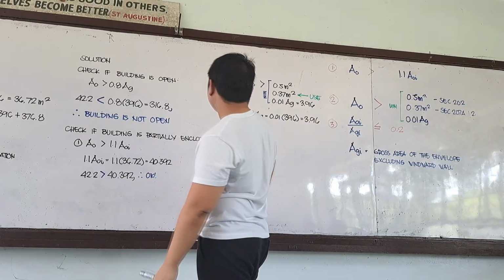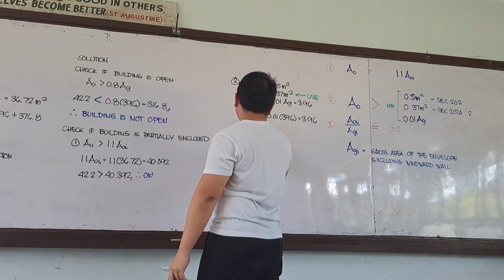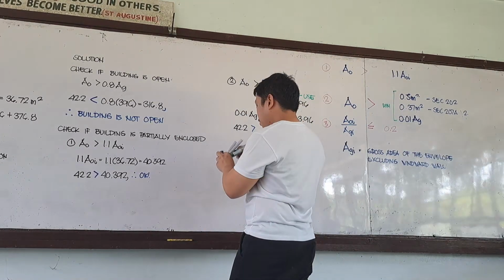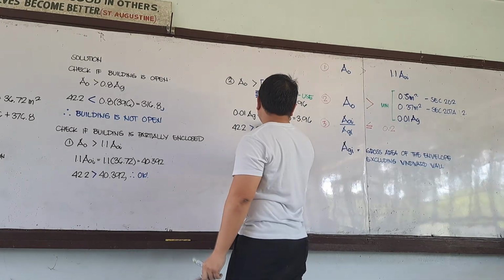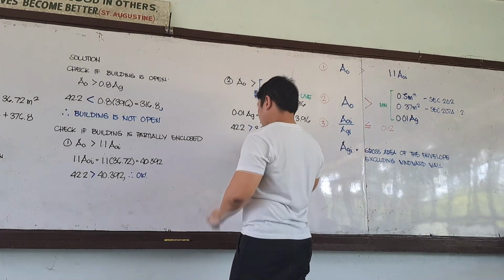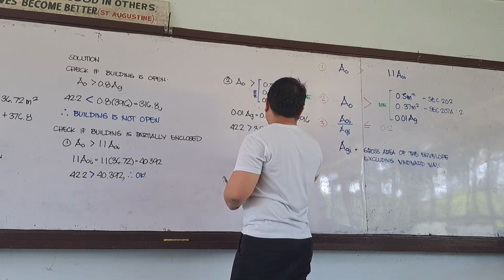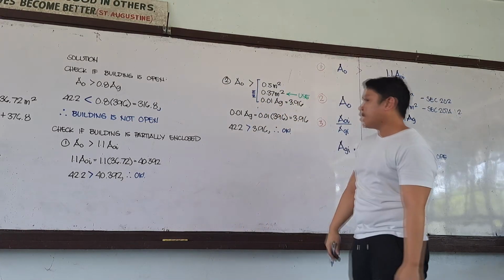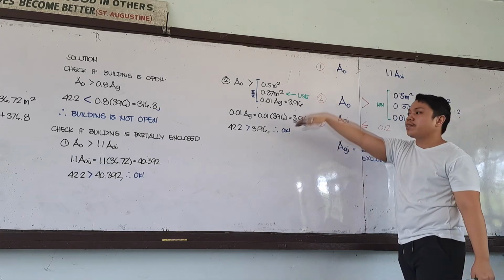So AO is 42.2, and this is greater than our 3.96. Therefore, okay for the second condition. Take note that the units are the same, area.